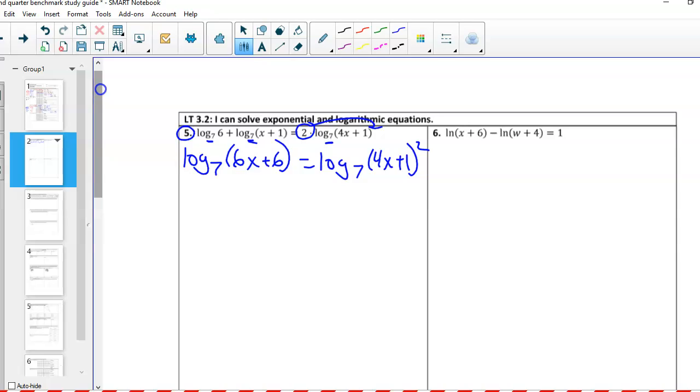Now, there's a rule that states if we have the same base, we can drop the logs, and that's basically what we're going to do here. We have our same bases, so I'm going to drop my logs and just use whatever is here. So now we need to solve for x.